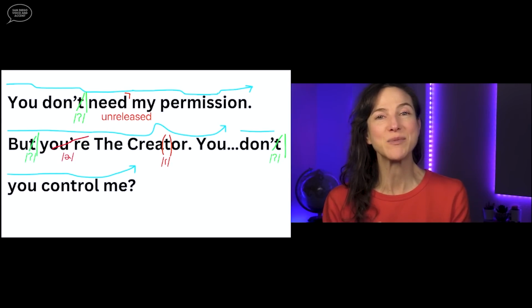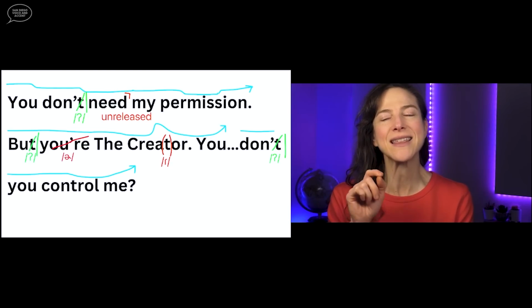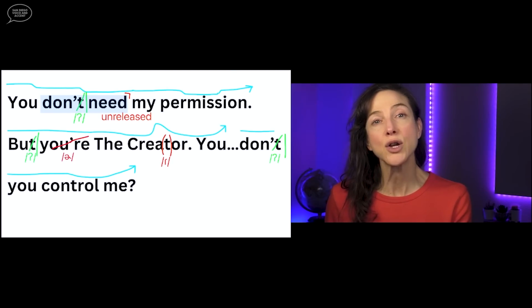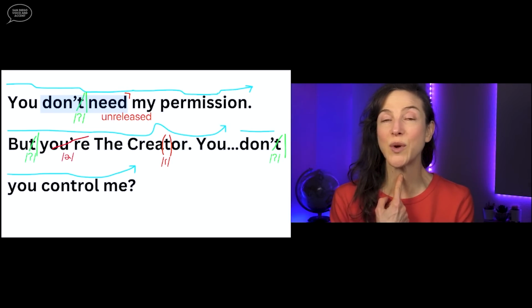Okay, now let's move on to linking. So we've got some stop T's here, and we've got an unreleased D that I want to point out as well, and a flap. So here we have don't need. Here I hear she uses a very quick stop T there. Don't need. Again, we have a final T linking to a consonant, so it turns into a stop T here with the throat. Okay, don't need.